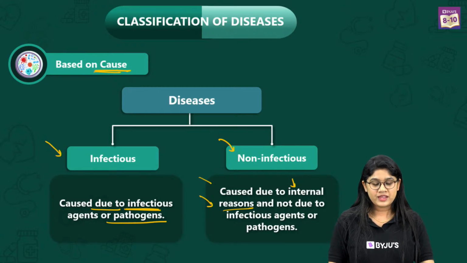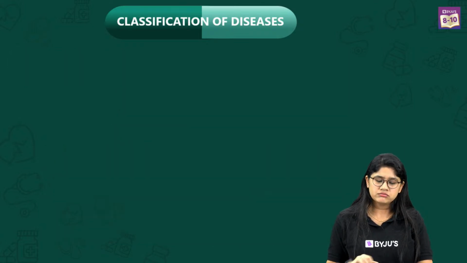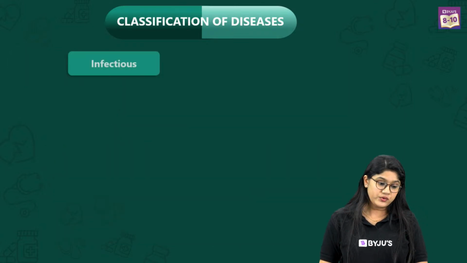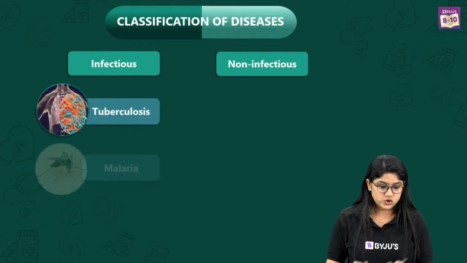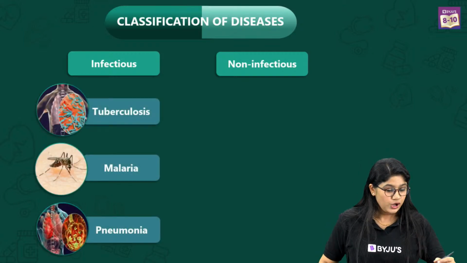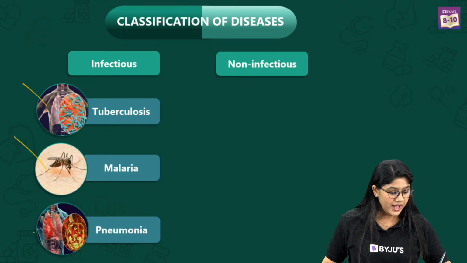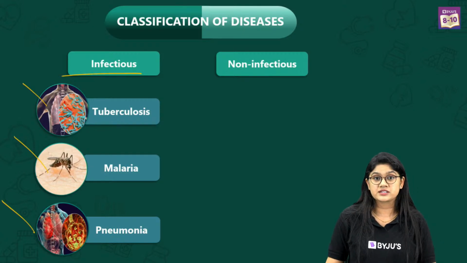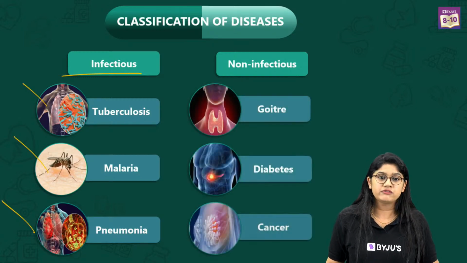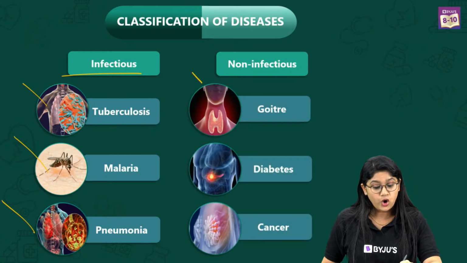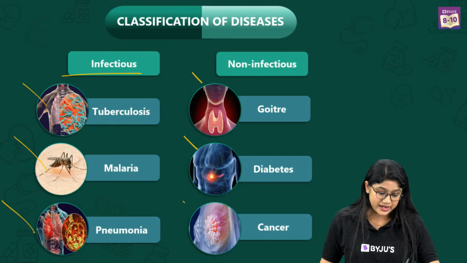Awesome. So now let's talk about them in detail. We have infectious diseases and non-infectious diseases. Over here we have the list, right? Tuberculosis, malaria and pneumonia are infectious diseases because they are caused by a pathogen. Then we have non-infectious diseases like goiter, diabetes and cancer.